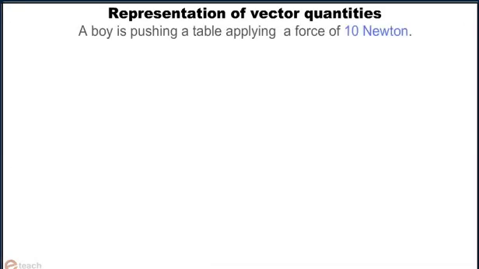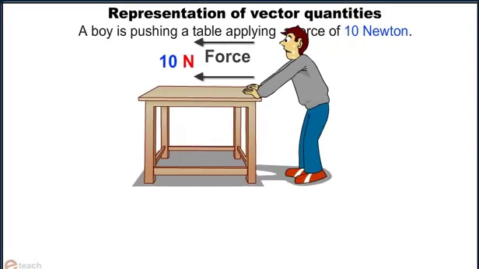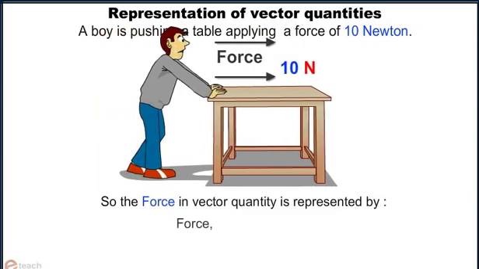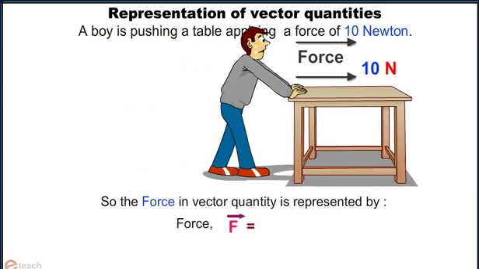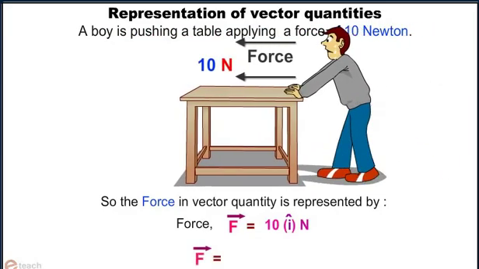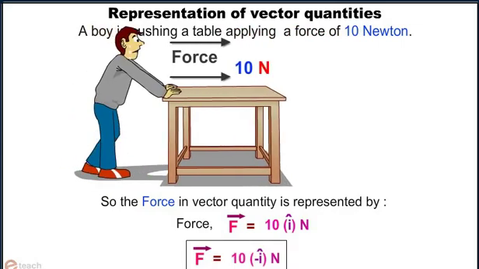A boy is pushing a table applying a force of 10 Newton. So, the force, a vector quantity, is represented by F equals 10 I cap Newton. When the direction is reversed, F equals 10 times minus I cap Newton.